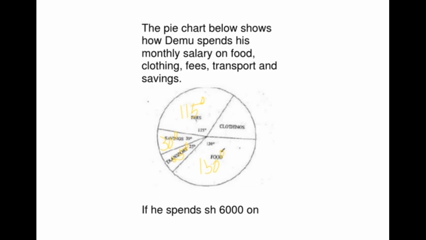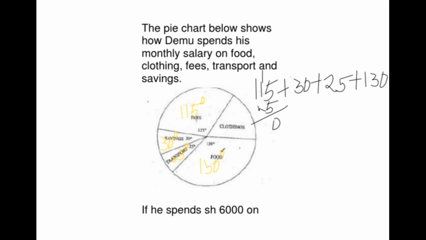So we have to add 115 degrees plus 30 plus 25 plus 25 plus 130. So 5 plus 5 is 0, carry 1. 2 plus 2 is 4, plus 1.